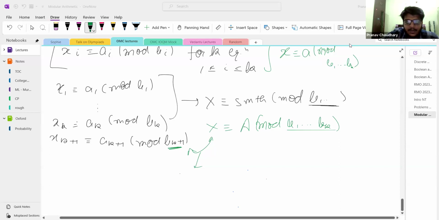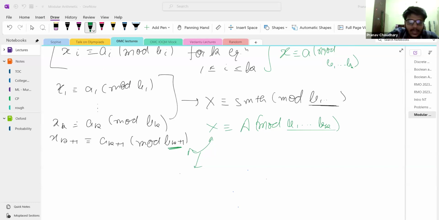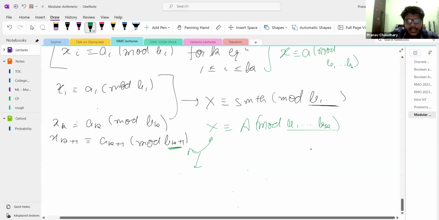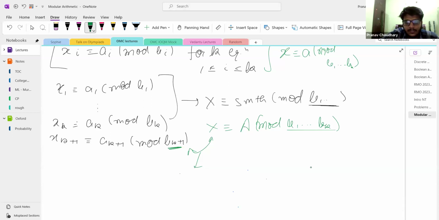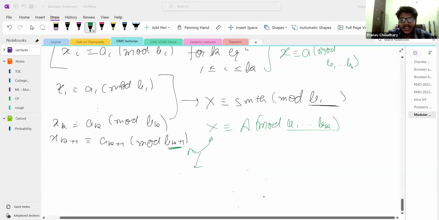Yes, please mark yes or no, would be helpful. And it will help me see if people are awake as well. Okay, we are essentially left with one or two things, and then we can move on to some problems. I'm surprised almost everyone is listening. Only two people did not mark, which is fine. Okay, two people said that they have a doubt. What part is not clear?